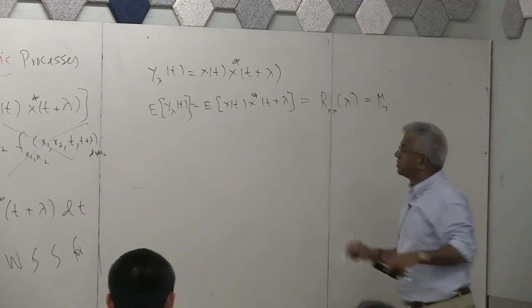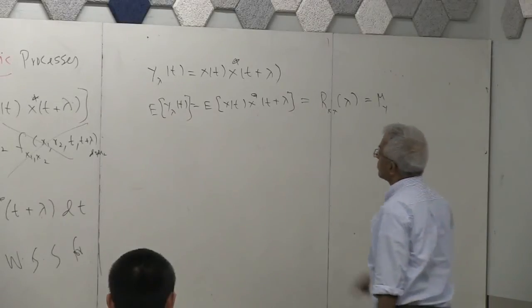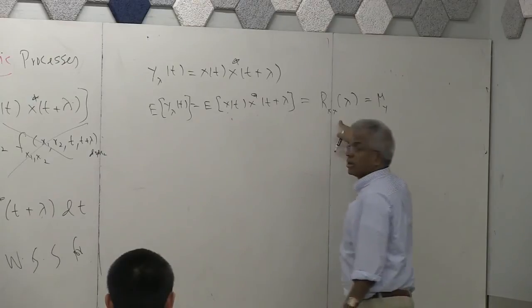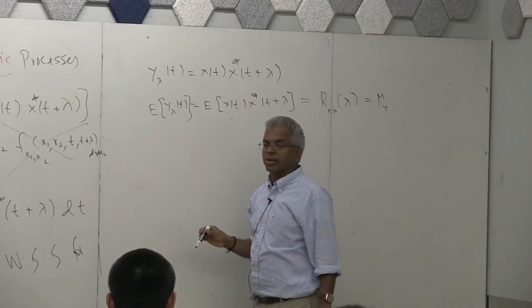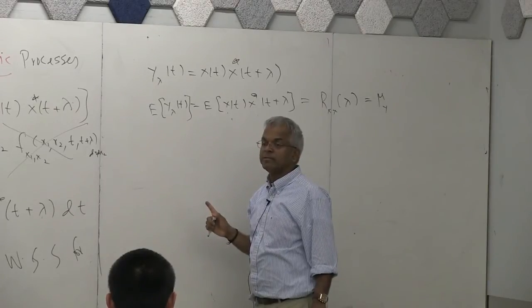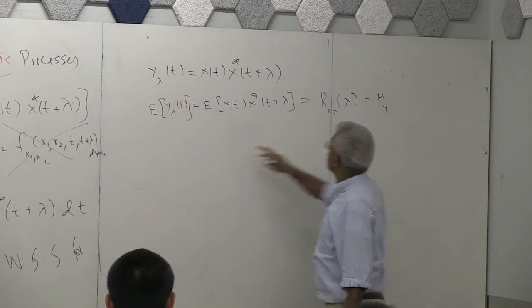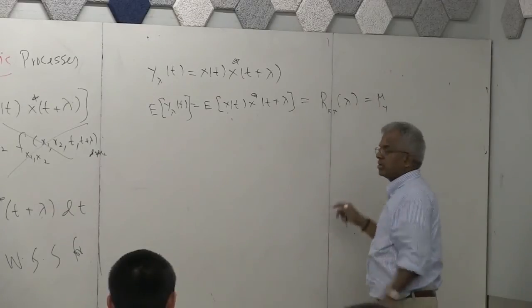See, as far as time is concerned, that's like a constant. So what we want is saying that this function should look like this, is the same as saying that on y, what kind of ergodicity you need? On y of t, for this process, it's mean ergodicity.